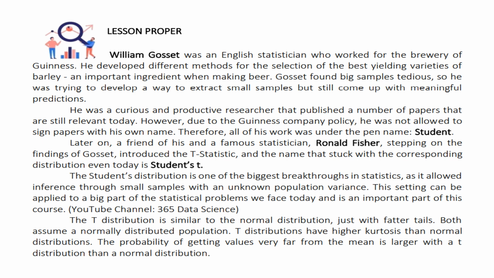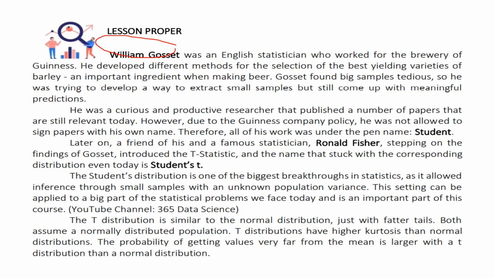For our lesson proper, William Gosset was an English statistician who worked for the brewery of Guinness. He developed different methods for the selection of the best yielding varieties of barley, an important ingredient when making beer. Gosset found big samples tedious, so he was trying to develop a way to extract small samples, but still come up with meaningful predictions.